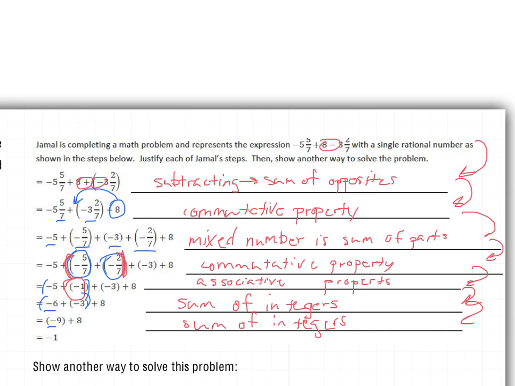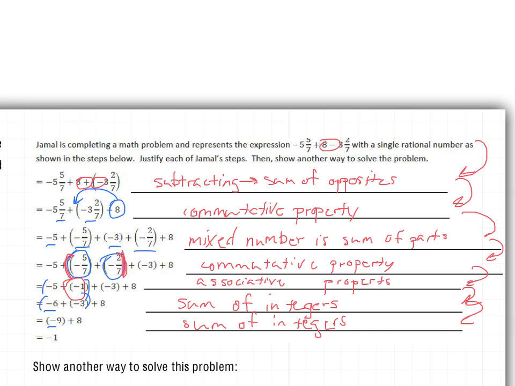So maybe it's easier to add two things that already have the same sign and the same denominator. Maybe it's easier to add integers plus integers and then fractions plus fractions, and then deal with it from there.